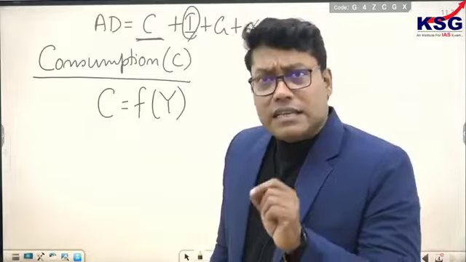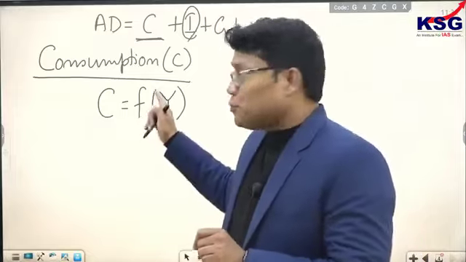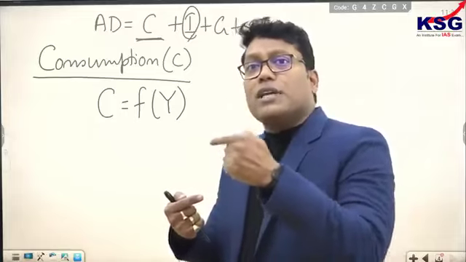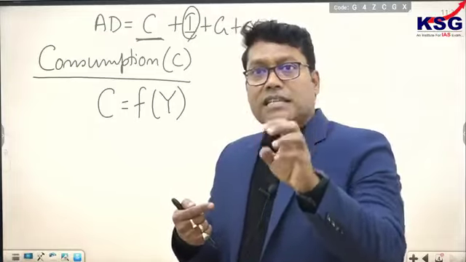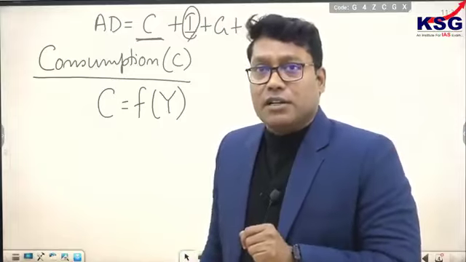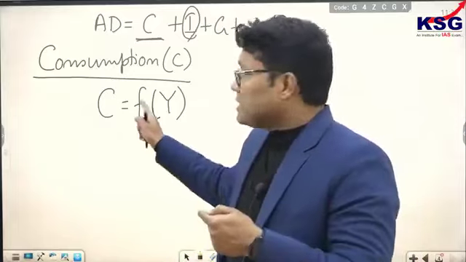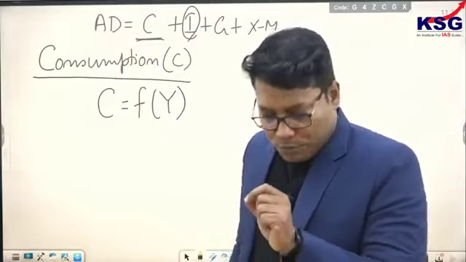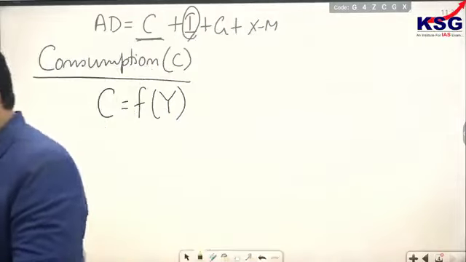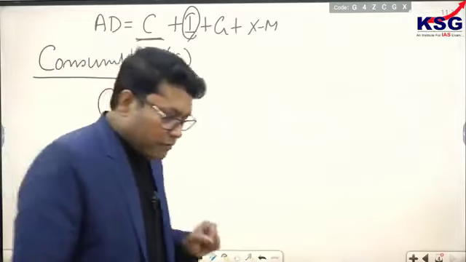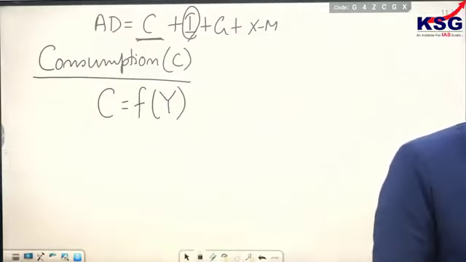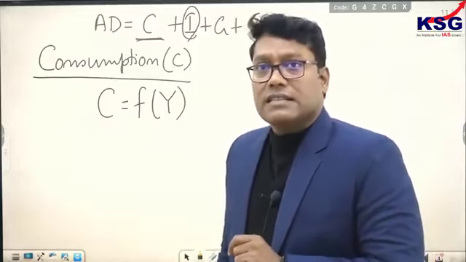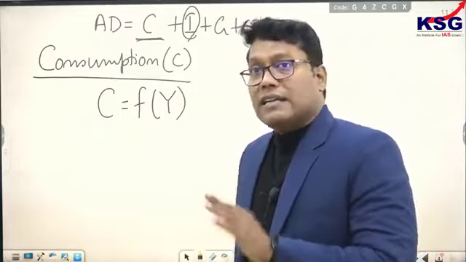Consumption is a function of income, because we should know this, then you can relate that in any economy, if the income level is going up, then the increase in income is going to increase consumption, and increase in consumption is going to increase aggregate demand. So please write one line: consumption is a function of level of income, and it is positively or directly related.